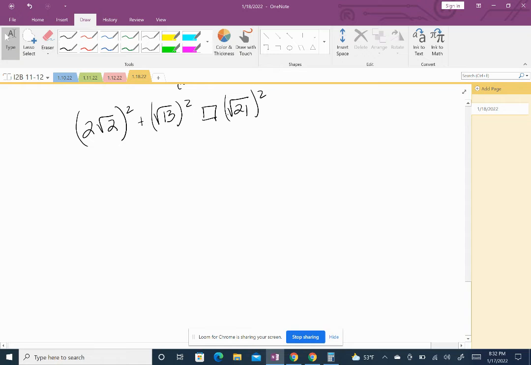Okay. So this one, I'm going to show you what it looks like in the different ways. So we'll set this first one aside. We'll just leave it as is. And remember, when we have a square root and we square it, those are going to cancel out. So I just get 13.